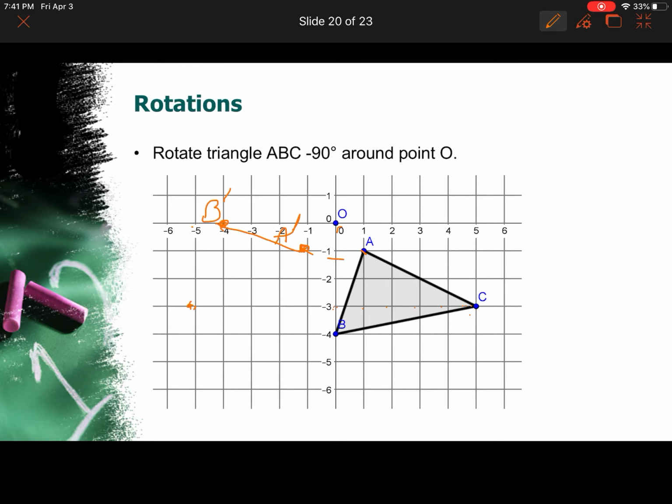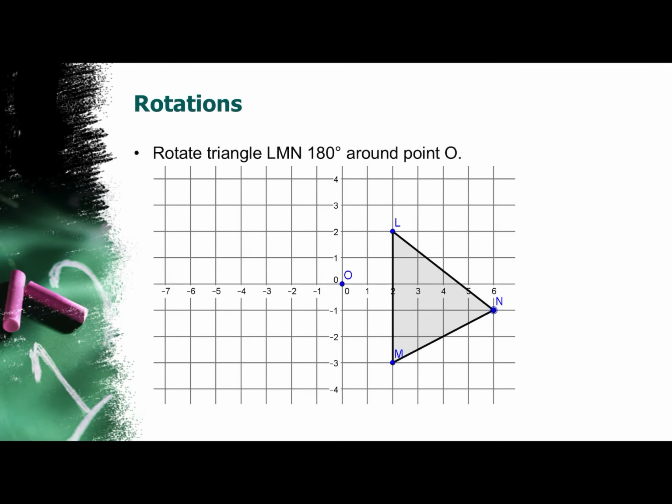A. Oh, no, it's down here. Negative 5, 3. Sorry, it's going to be right there. Yeah. Got my 5s and my 3s mixed up there.